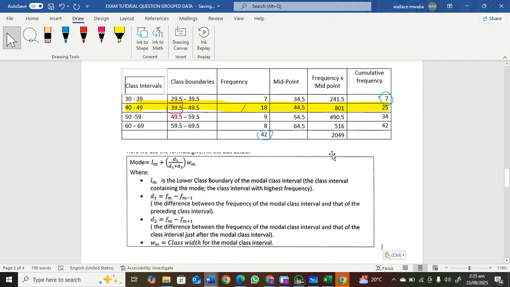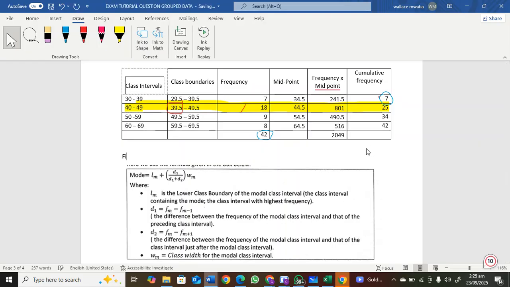For the mode, the first thing you need to do is get the modal class. Step one, find the modal class. It's basically the class with the highest frequency.